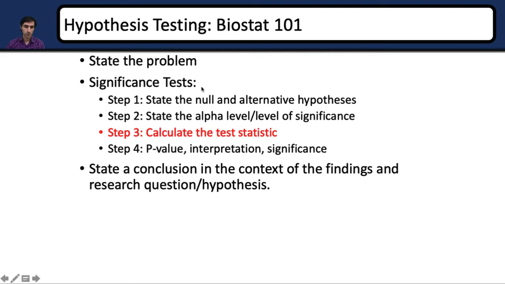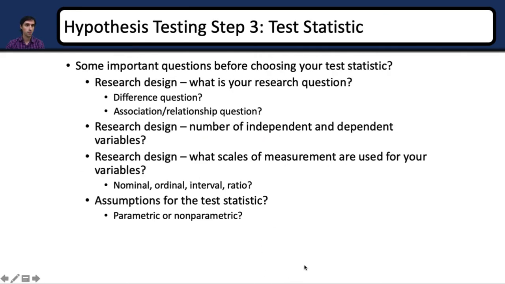All right, so continue. With that third step of testing a test statistic, there are some important questions before you move forward. So you always need to consider what your research question is. So are you looking at the differences in something, or are you showing an association of something? So for instance, with differences, you can look at differences in, say, gender.